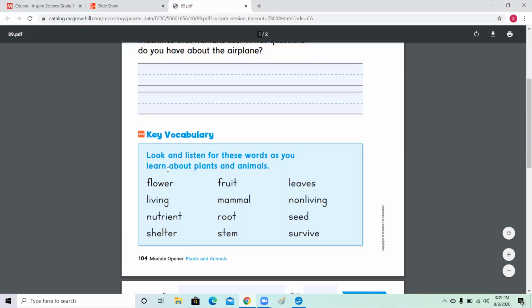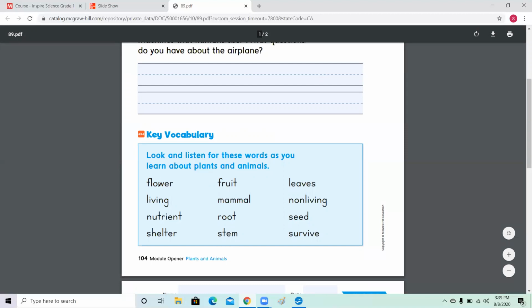Key vocabulary. Look and listen for these words as you learn about plants and animals. These are the words we're going to cover in this unit. Don't worry about them, we're going to learn them when it comes to the lesson. Let's read them together.